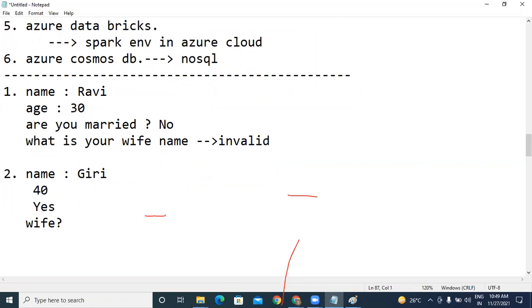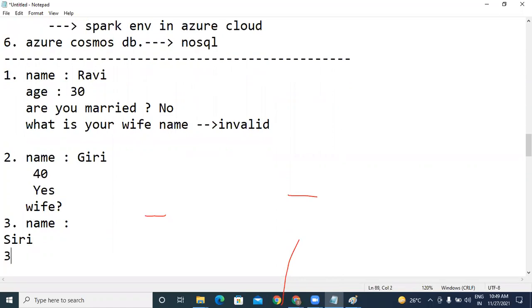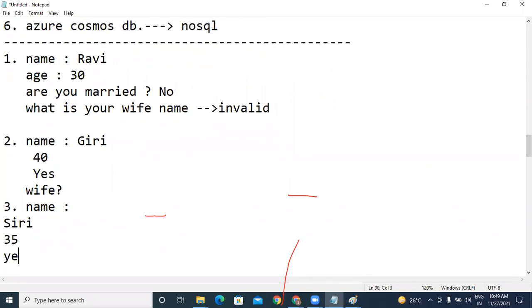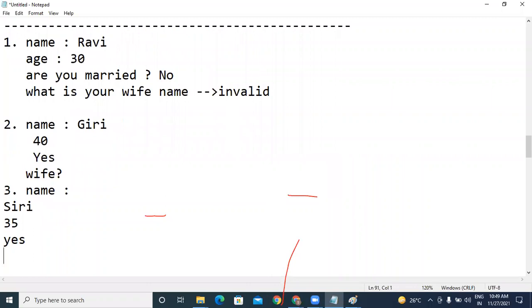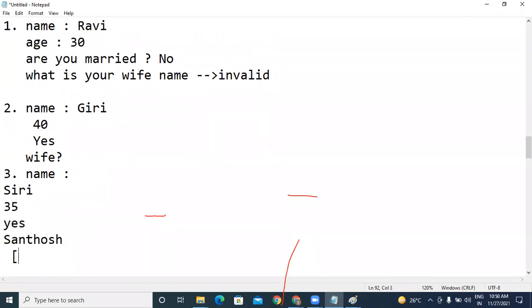Person to person, attributes will be changing here. Look at the third person. Name Siri. Age 35. Married. The spouse's name is Mr. Santosh. There are two kids. One kid is Tony, the second kid is Sony.